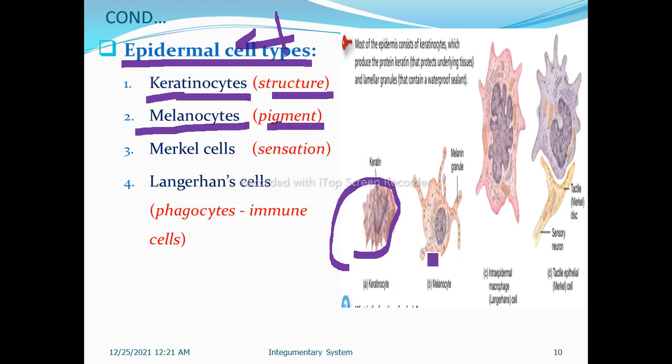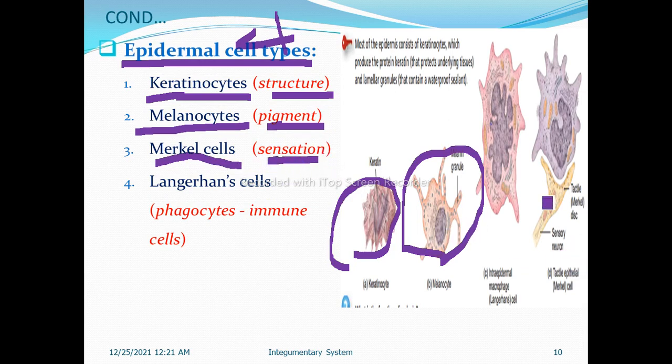These melanocyte cells give pigment to our hair and skin. For instance, whites are white, and we Africans are black because of this skin pigment. The other is Merkel cells. Merkel cells are used for sensation.